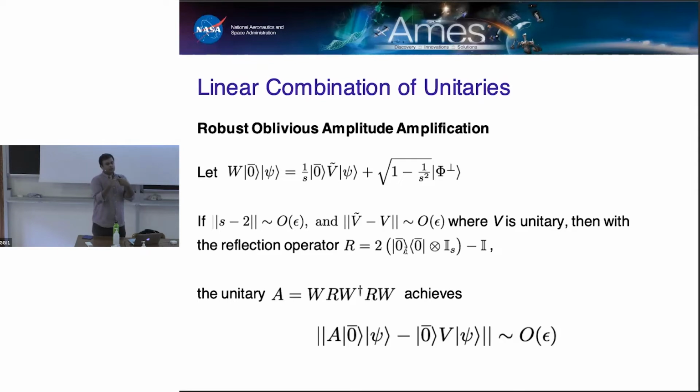If I apply this operator to that bit string, I will get the bit string back itself. And if I apply this operation to something that is orthogonal to that bit string, I will get minus that thing. So this is a reflection about that bit string, because it leaves that bit string alone, but sends whatever is orthogonal to it to minus itself. That's why we call it a reflection about this particular axis. Okay.